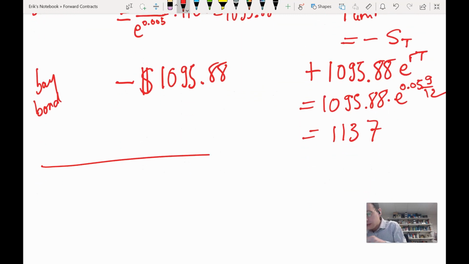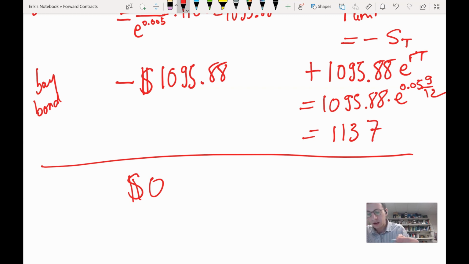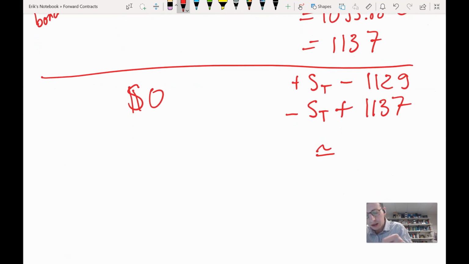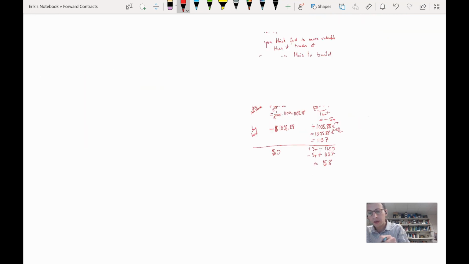Now I can add everything up. I have 0 here, 1095.88 minus 1095.88. Here I receive the stock, I pay the forward price, 1129, then I repay the stock that I've short sold, and I receive my bond investment, 1137, and that gives me roughly $8 in profit.